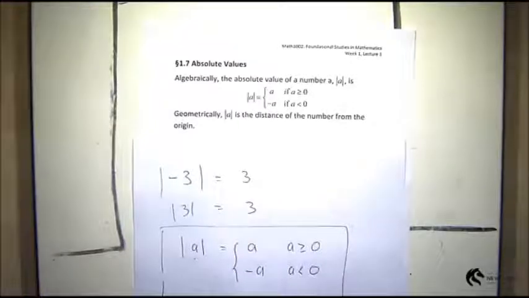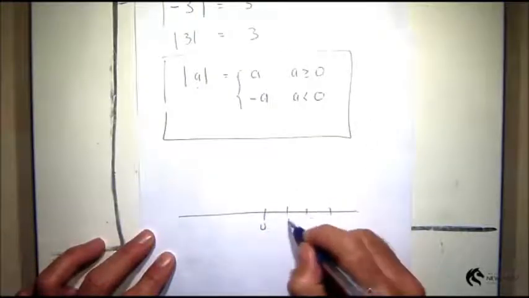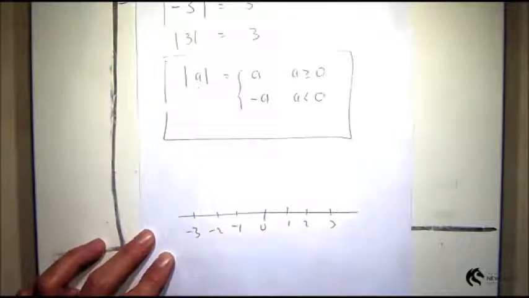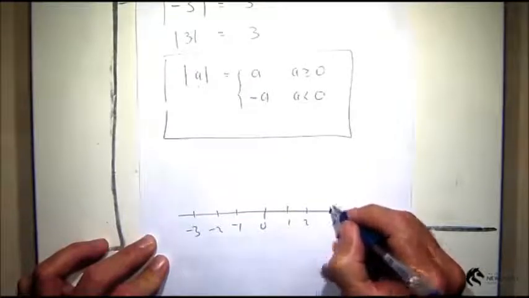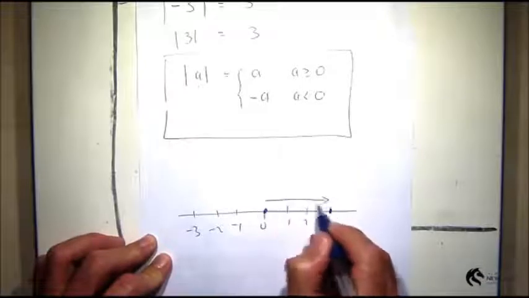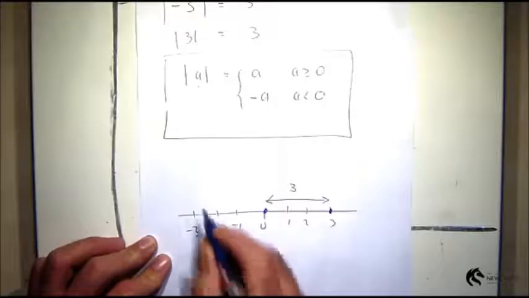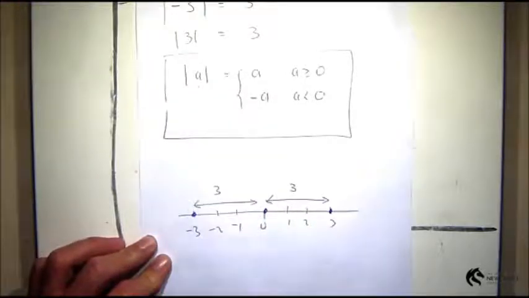Geometrically, we can think of the absolute value as being the magnitude of the number. If we had a number line, 0, 1, 2, 3, and -1, -2, -3, here I am at 3. We think geometrically of the absolute value of 3 being its distance from the origin. That distance there is 3 units. Likewise, the distance of this one from the origin is 3 units.